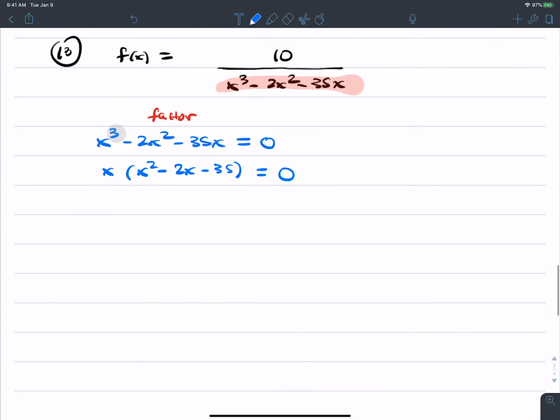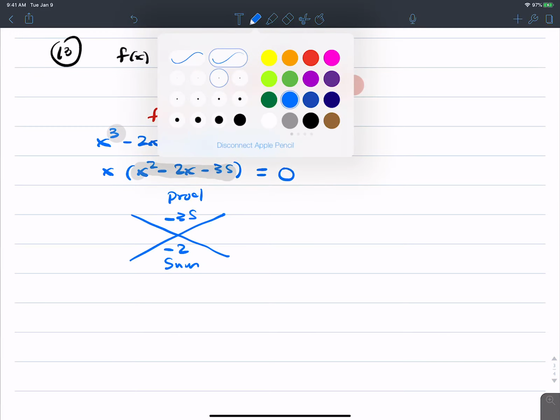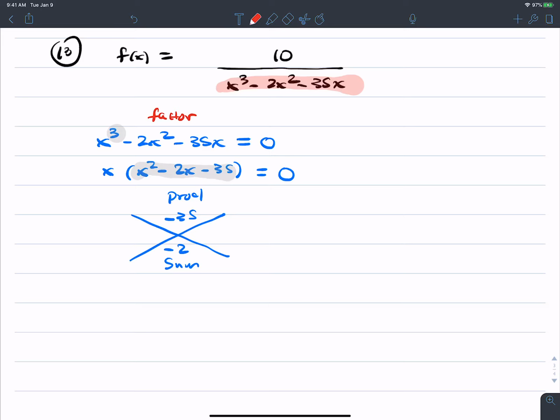So at this point, we're going to need to factor this quadratic here. You can go through your technique again, where the product has to be negative 35, and your sum has to be negative 2. So we need two numbers that satisfy this criteria.